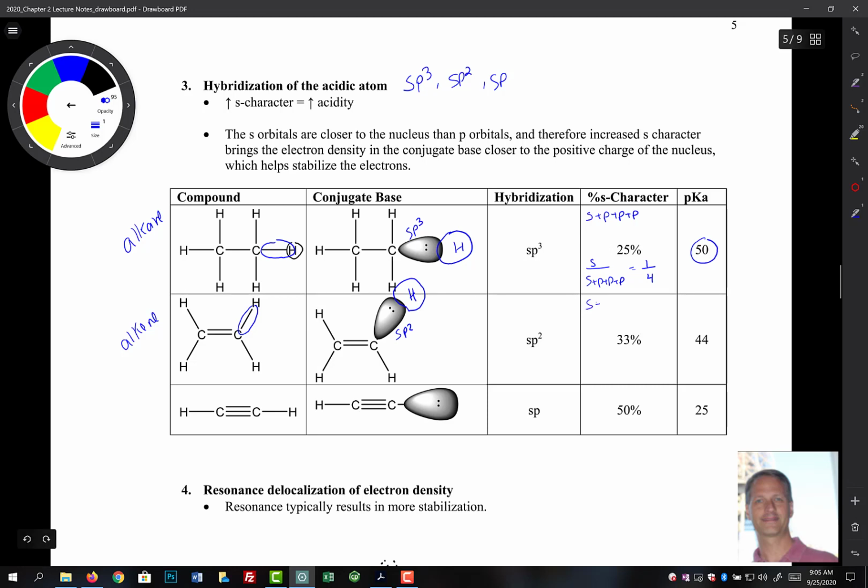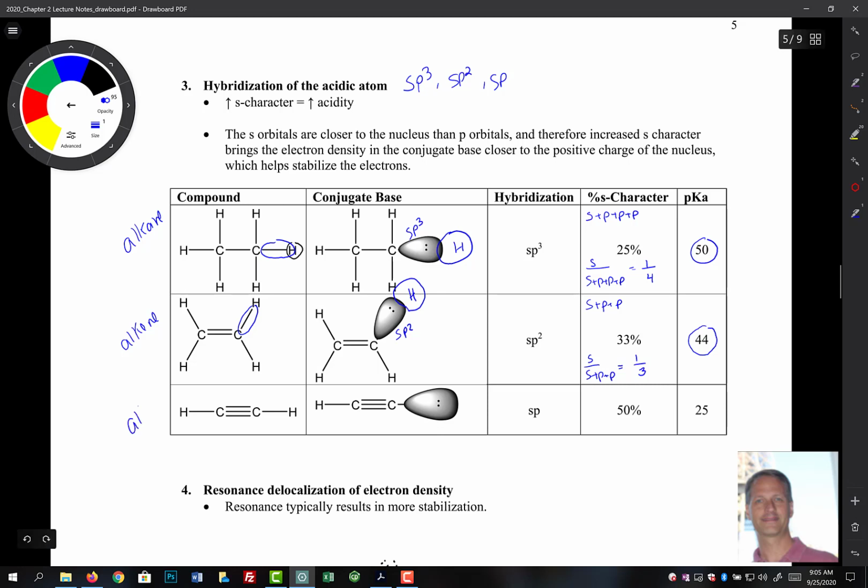It's s plus p plus p, which is how we get 3 sp2 orbitals. So that's 1 orbital divided by 3, or 33%. The pKa of this is about 44. Part of that has to do with the fact that the bond length is shorter, so it pulls on the electrons a little more tightly, and that makes the H more easily abstracted or taken off.